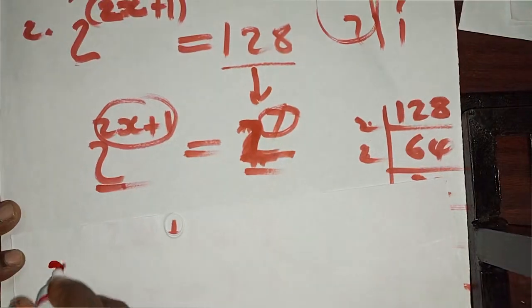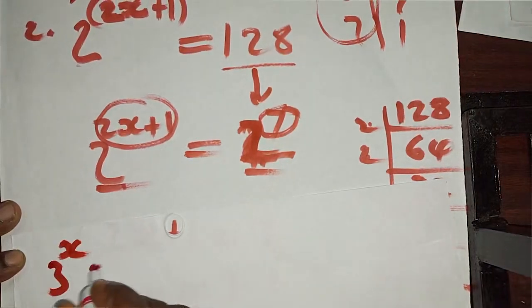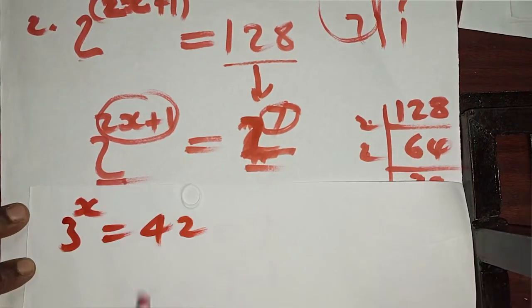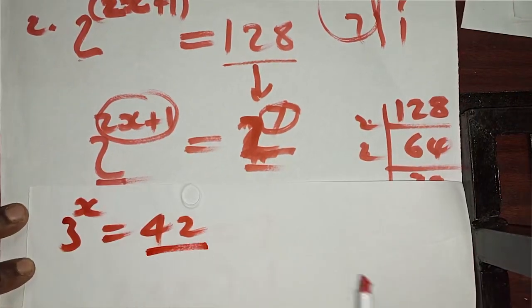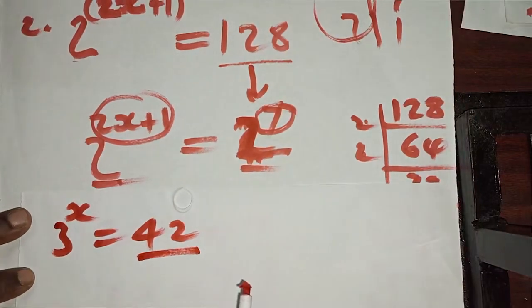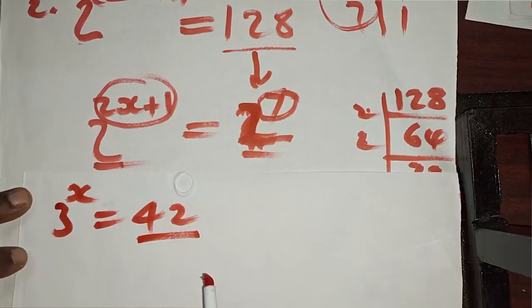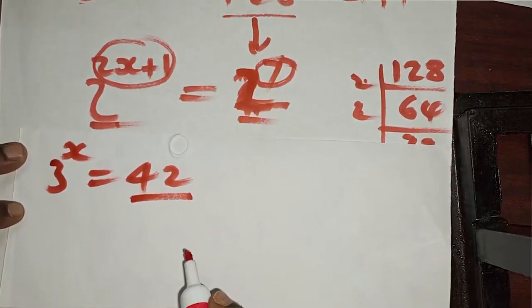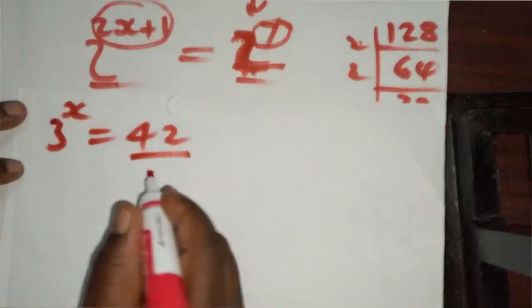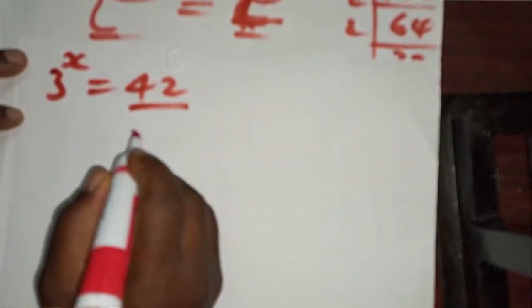So therefore, what we're going to do is to simply work it out, introducing logs on both sides, where we may say log of 3 to the power x equals log of 42. And then this will come here based on the laws of logarithms.